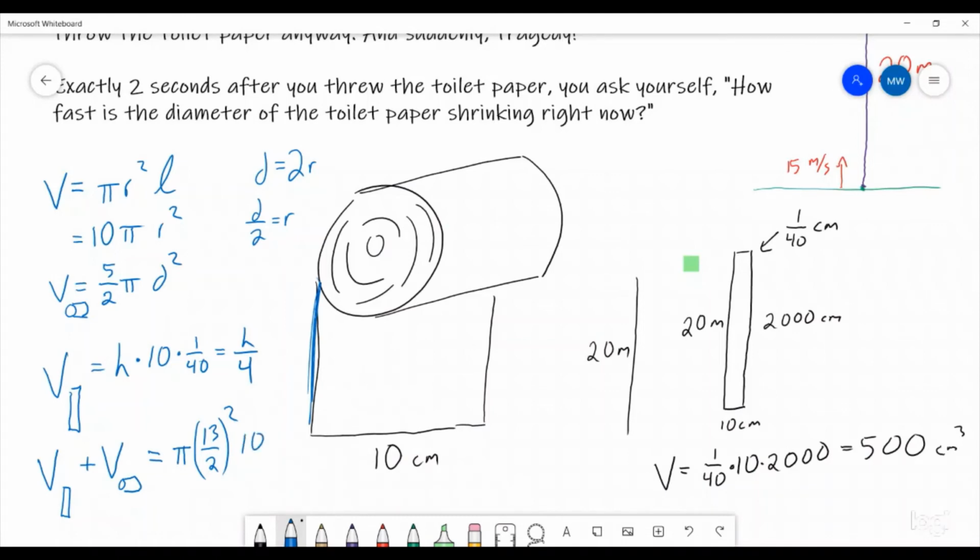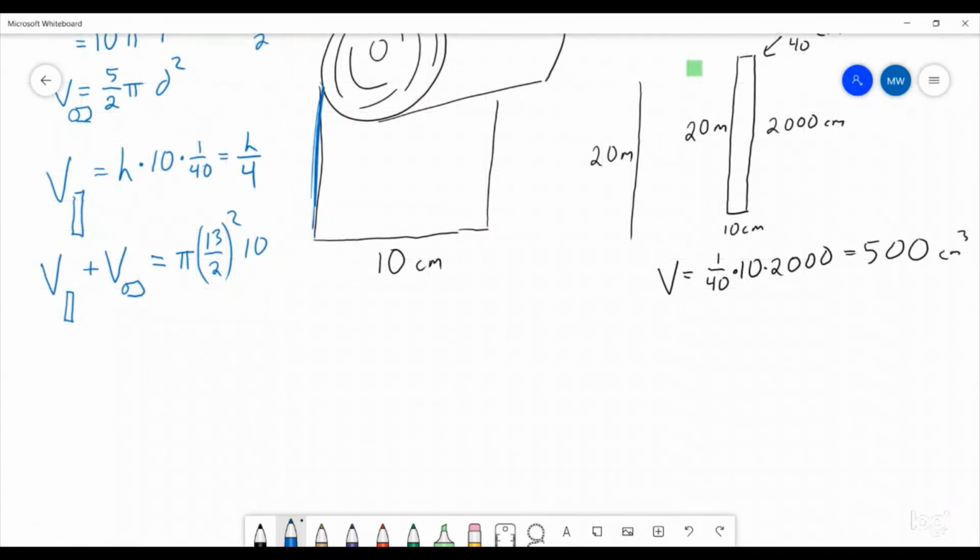So we know for a fact that is how much there needs to be, which means this is a constant, we have a connection with height, and we have a connection with diameter. We can tie everything together. So let's put all of that together. We know that pi times 13 squared, that's 169, times 10 over 4, so that's the total volume. That has to be equal to 5 pi over 2 diameter squared plus the height over 4.